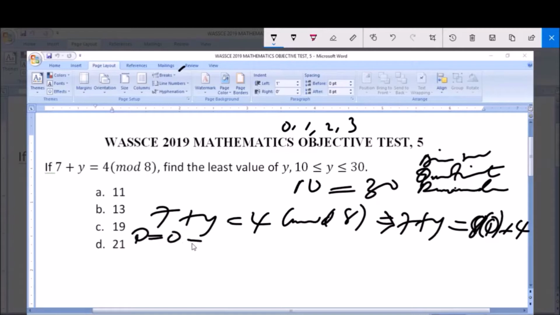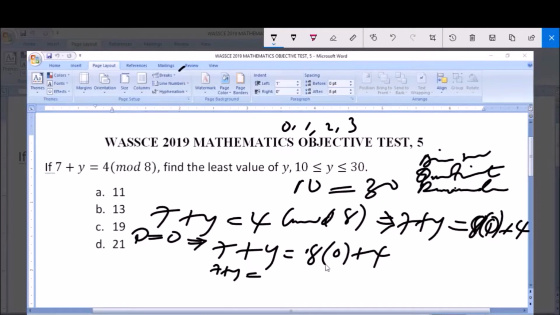If the quotient is 0, it will have 7 plus y equals 8 into 0 plus 4. If we solve further, we'll have 7 plus y equals 8 into 0, that's 0, plus 4, equals 4. So y will be equal to minus 3.